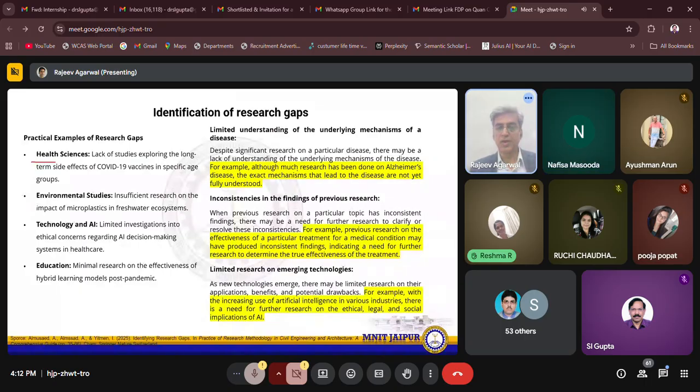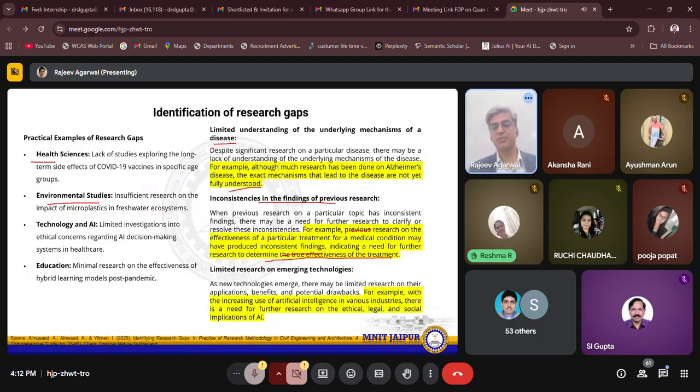Although so much research has been done on Alzheimer's disease, the exact mechanisms that lead to the disease are not yet fully understood. Then environmental studies: inconsistency in the findings. Previous research on the effectiveness of a particular treatment may have produced inconsistent findings, requiring further research to determine the true effectiveness of the treatment.